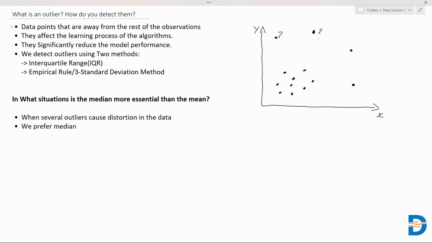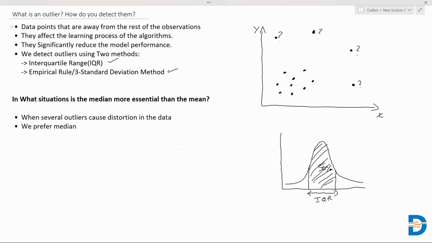We wouldn't know if they're actually outliers unless we use either the IQR or the three standard deviation method. In short, let's say this is your distribution of the data, and your IQR is usually the 50% of the data, or the middle half of the data. This region will be your IQR, and it contains 50% of your data.